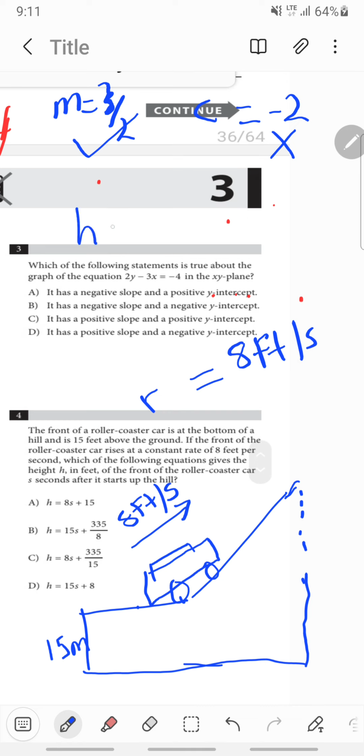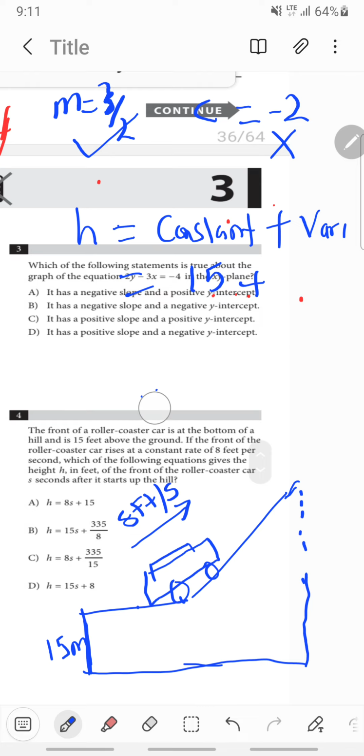That is h, delta h is equal to what? The constant, which is the height that it is already above the ground, plus the variable height. The variable height is the one that is increasing with time. So the constant height that we have here is the 15 meter, it is already 15 meter above the ground, plus it is now going at the rate of 8 feet per second.